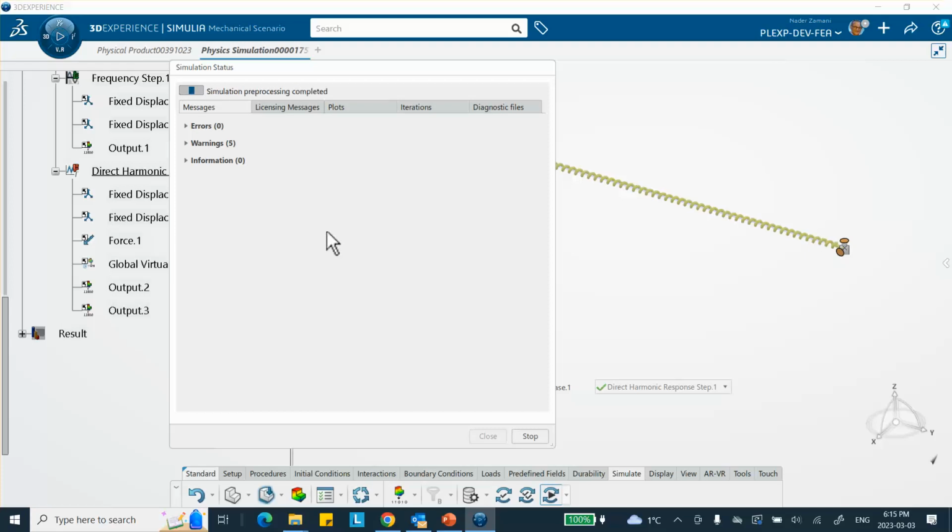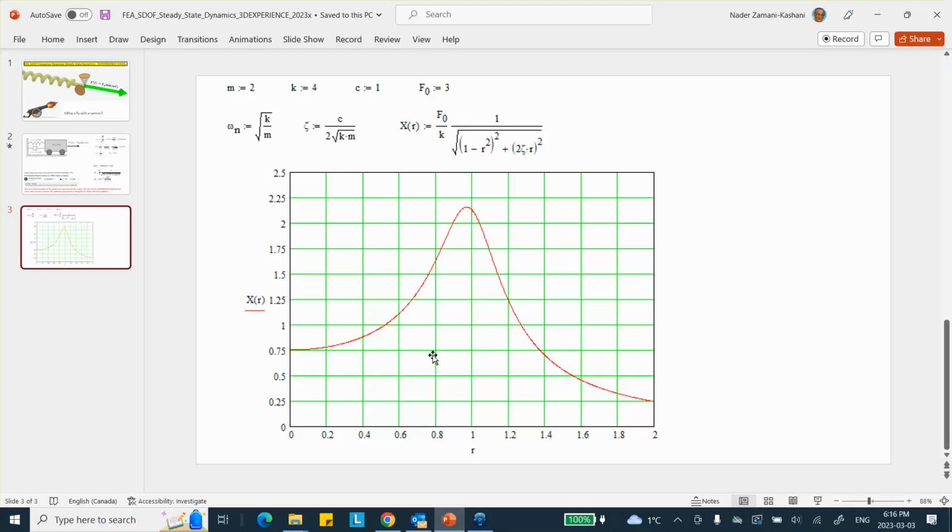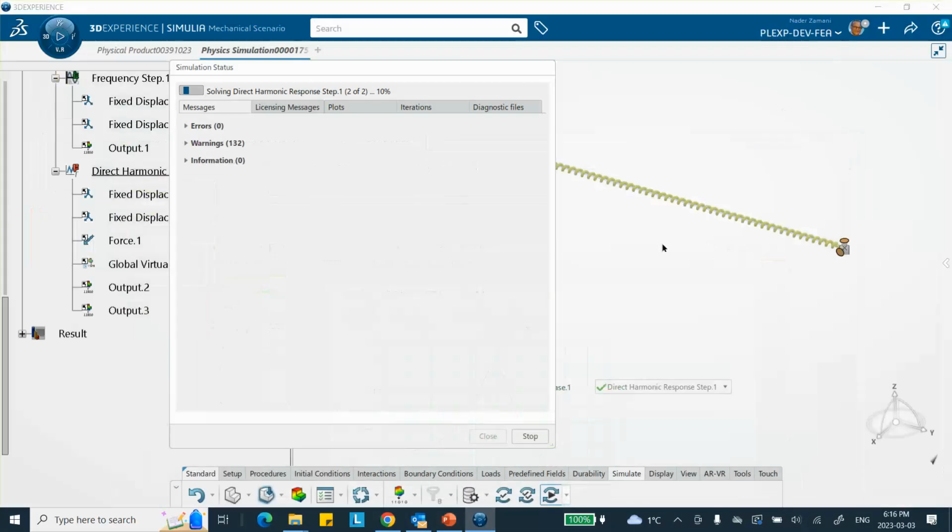It doesn't matter. We still have these warnings, no problem. Let's just wait and plot that thing and see whether we actually get something that looks right. It's a good idea to go and check these warnings and see what they are, but let's wait and find out how the plot looks.